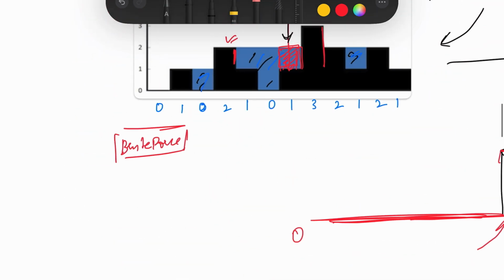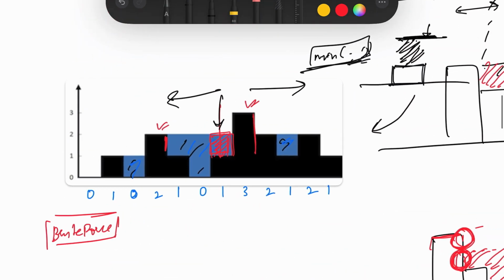Let's say in this example you see that this is the biggest height, this is the tallest tower. It means that no amount of water is going to be stored over it, because this is the tallest and there is no support on the left side and the right side.